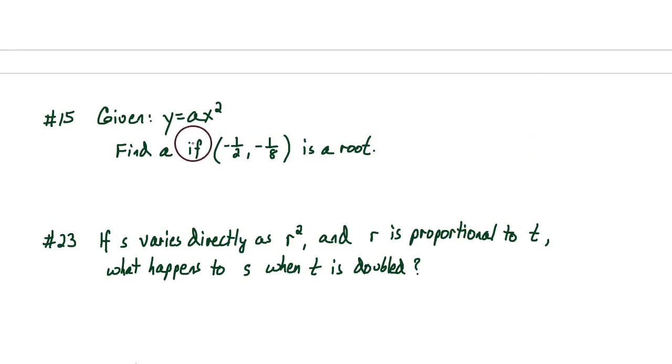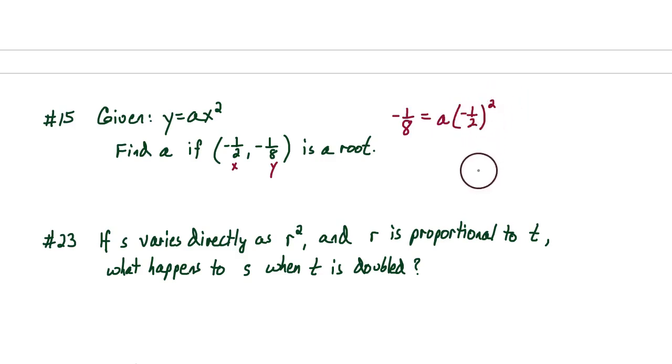Number 15, we're given this general formula for a quadratic equation. And we're asked to find a if this is the value of x and this is the value of y. Let's make the substitutions. In place of y, put in negative 1/8. And in place of x, put in negative 1/2.